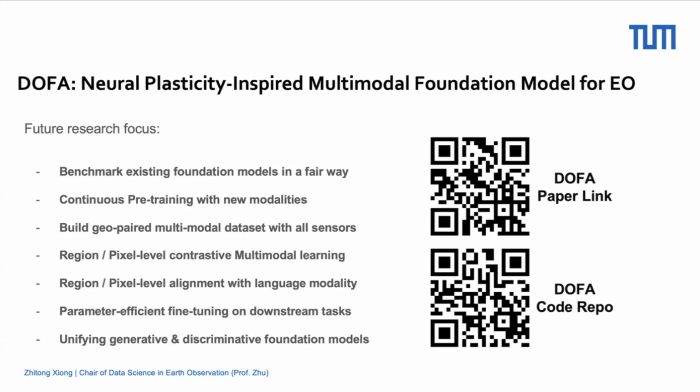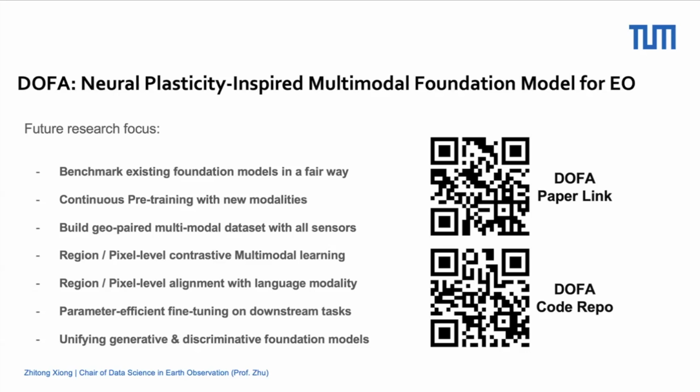And for different tasks and for different EO data sources, we also need to work on parameter-efficient fine-tuning methods on the different downstream tasks. And finally, there should be a real unified foundation model that unifies not only the discriminative foundation models, but also the generative foundation models.